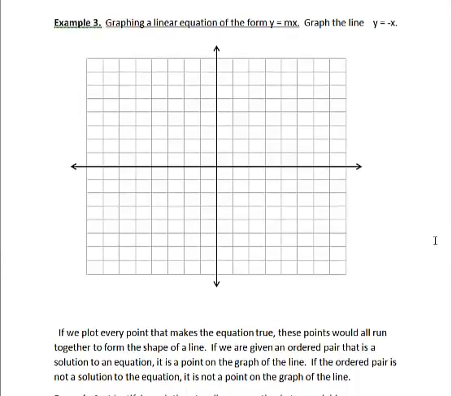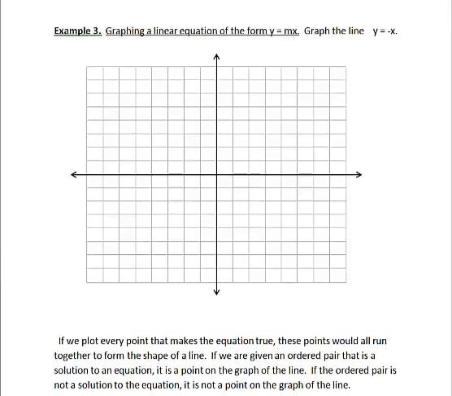Alright, graphing a linear equation of the form y equals mx. Graph the line y equals -x. And just to be straight with you, there's actually several ways that you can graph lines, but we're going to stick with what we've learned in this chapter, which is to create a table of values for x and y.